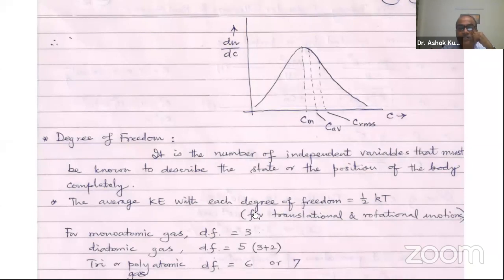But before that, there is a law, and that law is called the law of equipartition of energy. I have not written it, please note down that the law of equipartition of energy says that the total energy of the system is equally distributed among the different degrees of freedom of the particles, and with each degree of freedom, the average kinetic energy is equal to half kT. Two things.